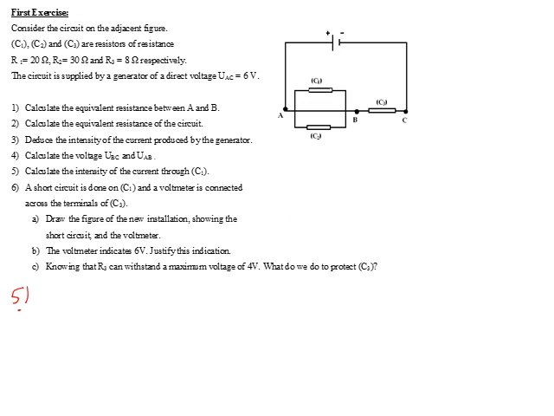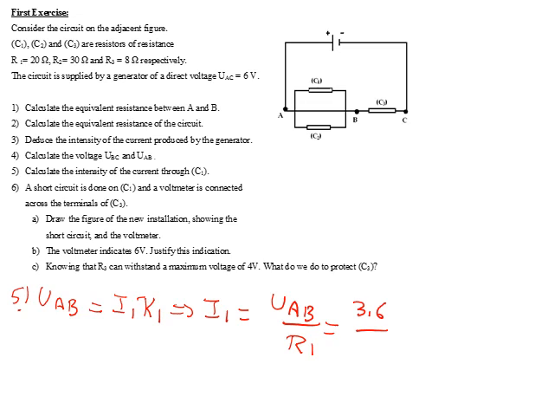Number 5. Calculate the intensity of the current through C1. Voltage U across AB is equal to I1 R1. So I1 equals UAB over R1, 3.6 over R1, which is 20, equals 0.18 ampere.